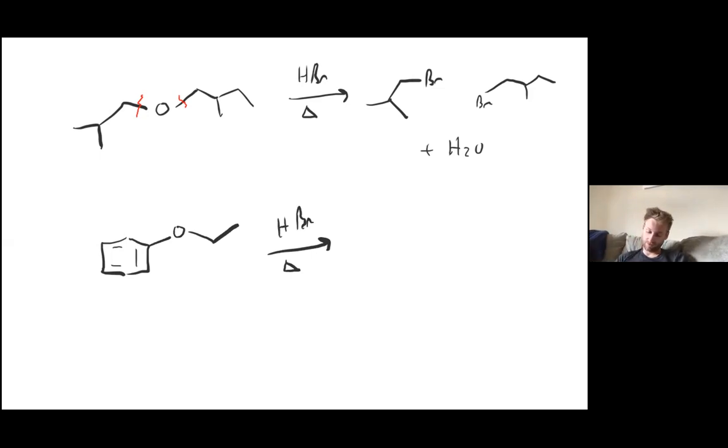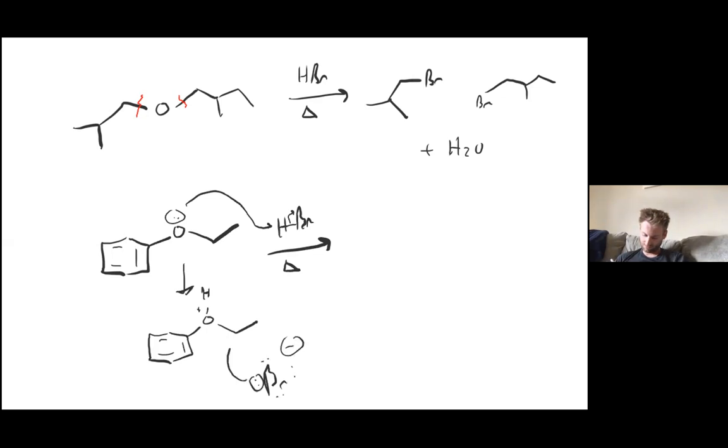We're still going to pick up a proton. Because SN2 reactions only really happen at sp3 centers, our Br is going to selectively attack here.